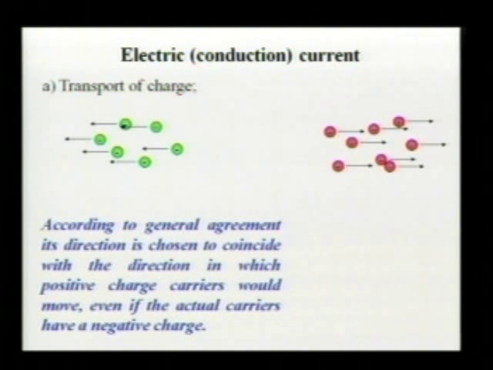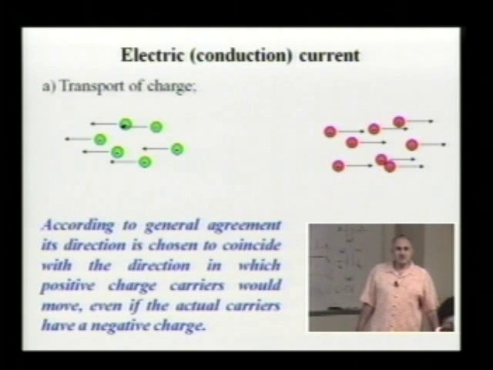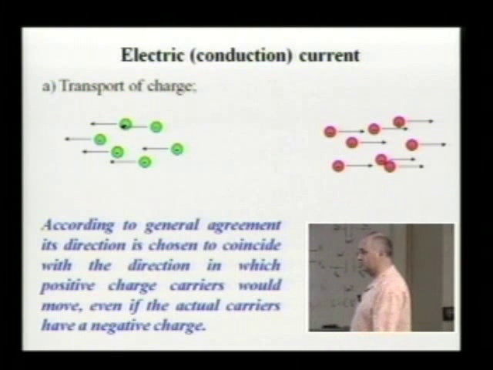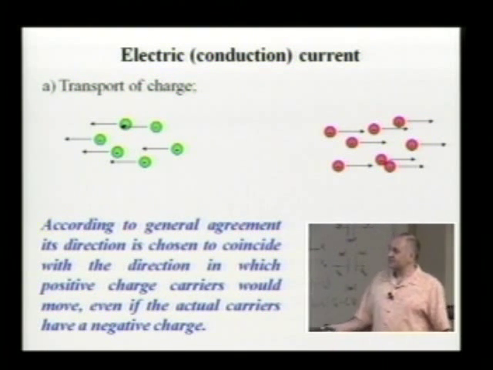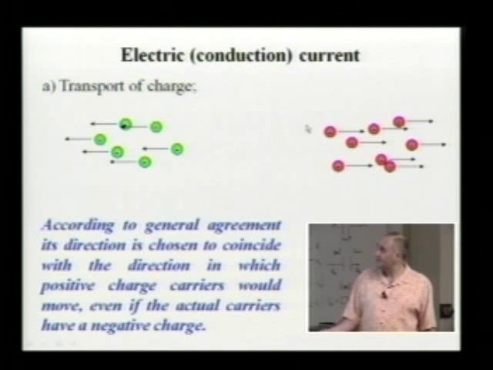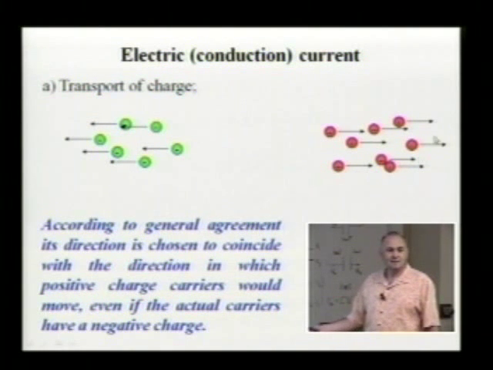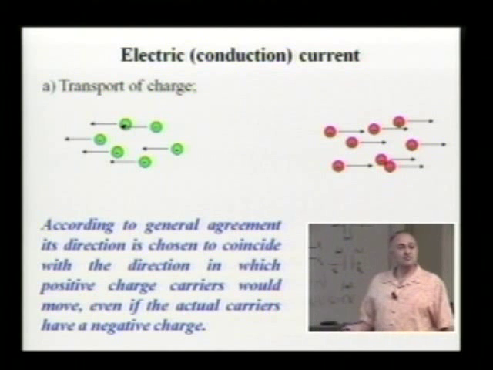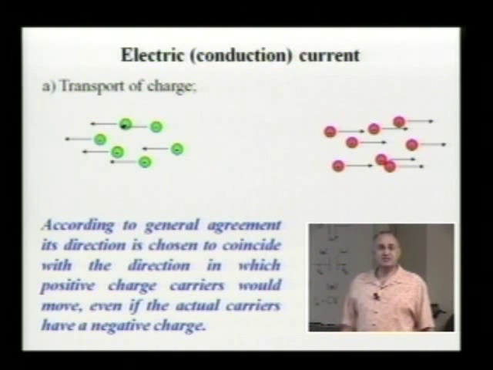According to the general agreement, we say that the direction in which the current flows is the direction in which the positive charge would be transferred. For example, in this figure, we have electrical current flowing to the right or to the left. Who votes that it will be to the right? Who thinks that it will be to the left? Those who think it's to the right, you are correct.